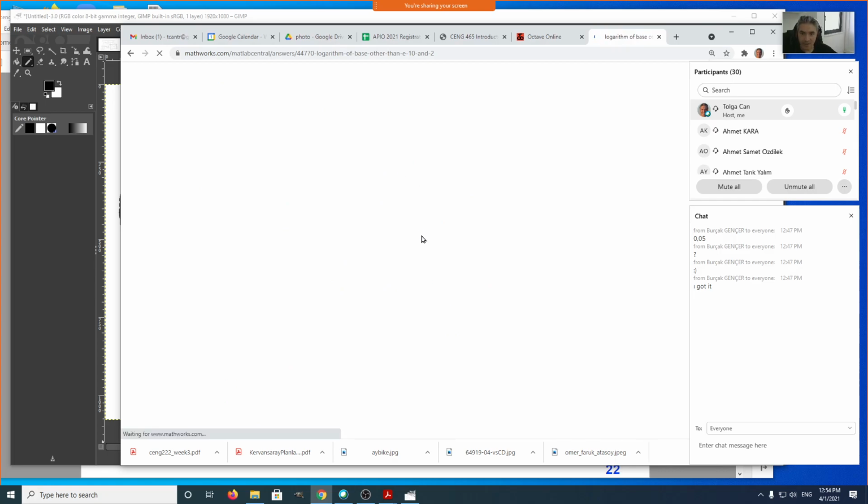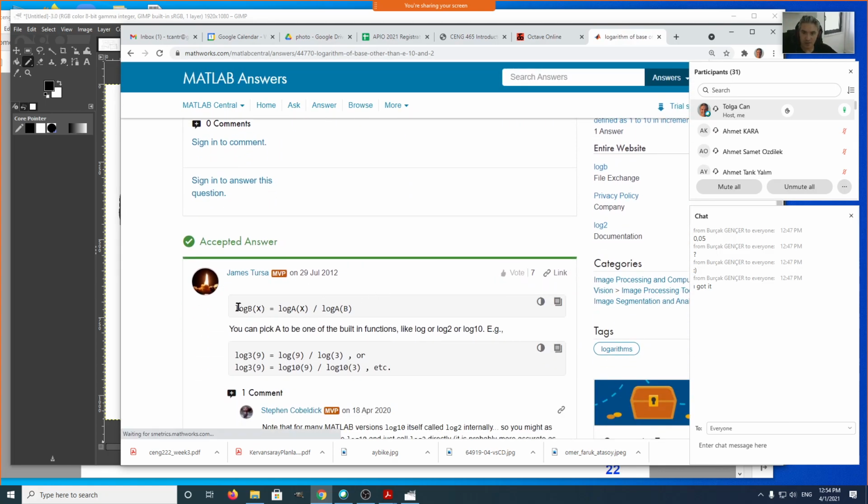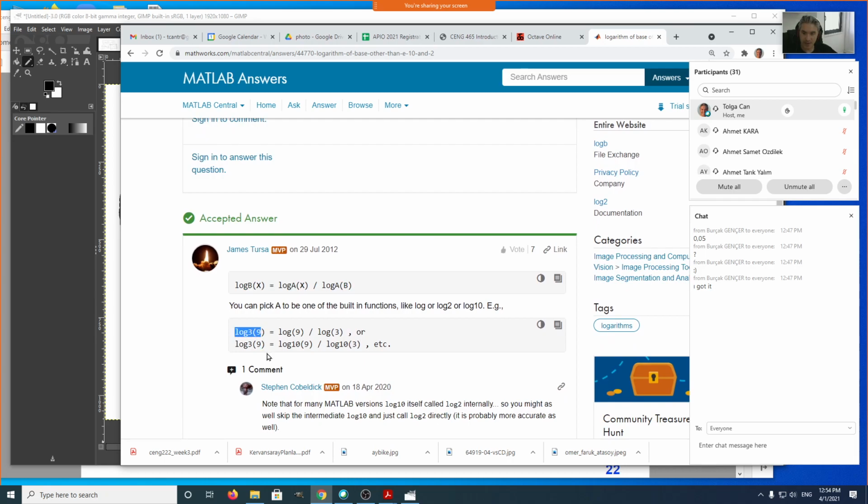To get any logarithm, MATLAB provides the natural logarithm and logarithm base 10. So if you want to get the logarithm base 3, you just need to divide these.